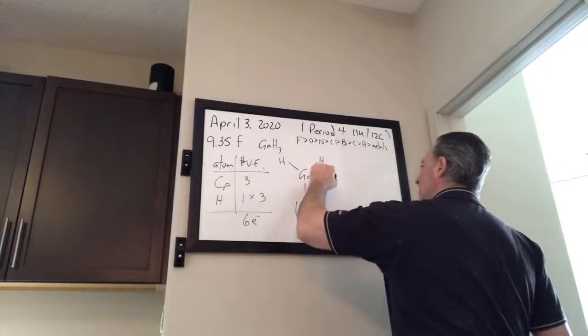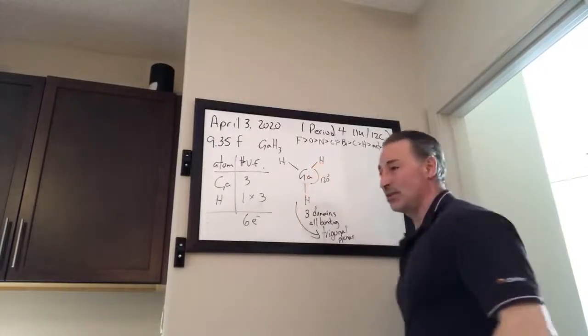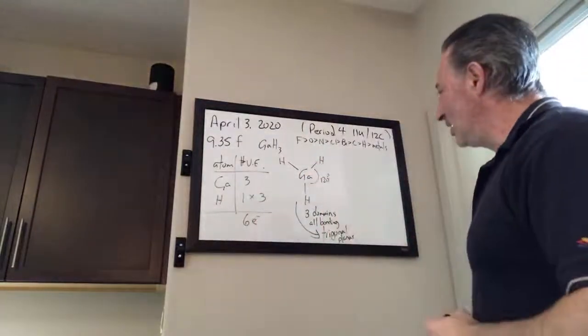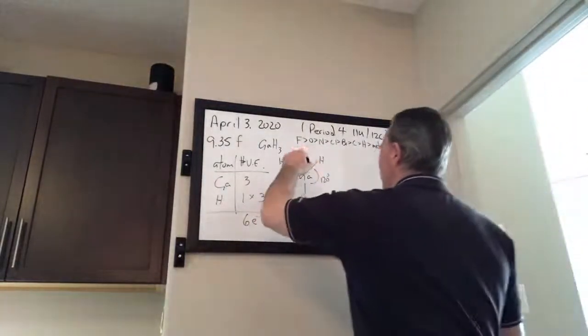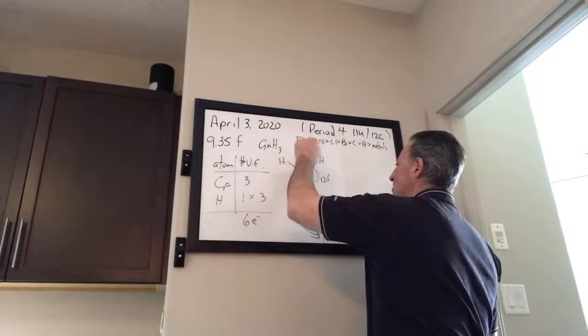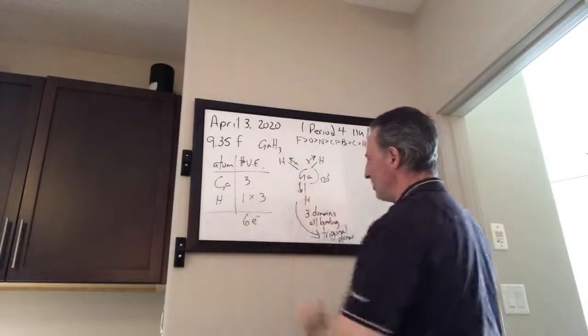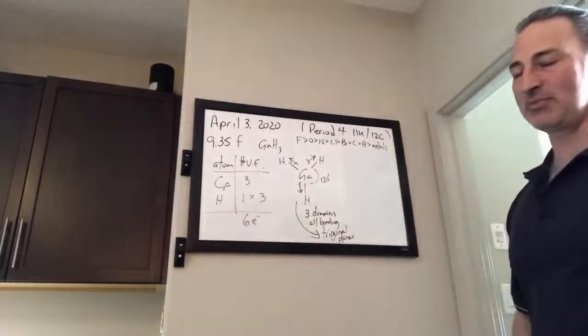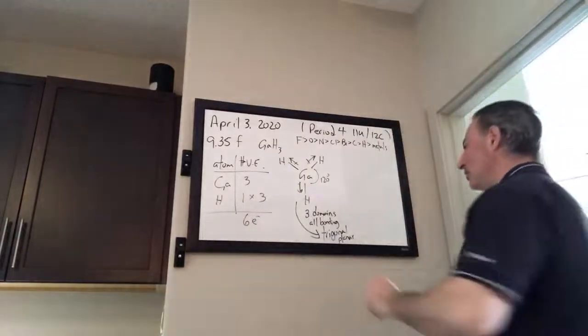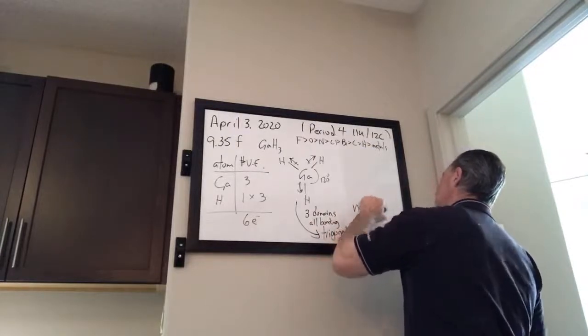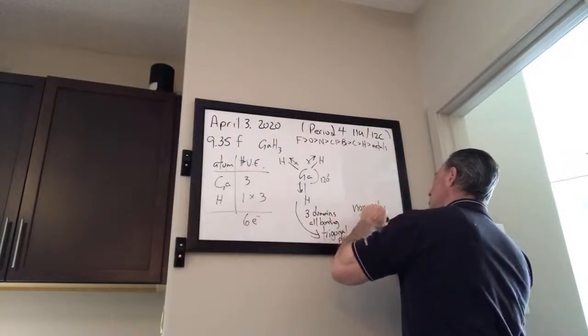And that means the bond angles here are 120. That's creating symmetry. I'm guessing that because gallium is a metal, the electronegativity is going to be pointing that way. But it doesn't matter which way the dipoles are pointing, because symmetry will cause them to cancel. That's a nonpolar molecule. Nonpolar due to symmetry.